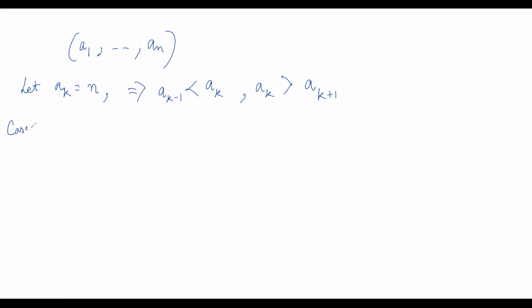So case 1, when k is even. If k is even, then let's again go back to the diagram. ak minus 1, ak plus 1.